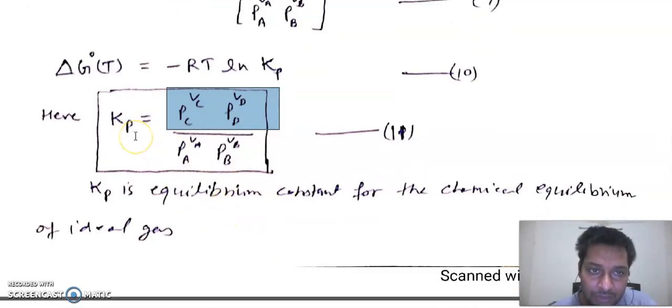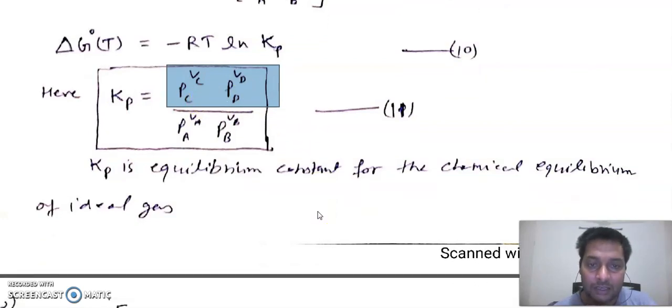Seen another way, if the Kp value is high, it means the partial pressures of products are higher, or there will be a larger composition of products, or the reaction extent will be higher.